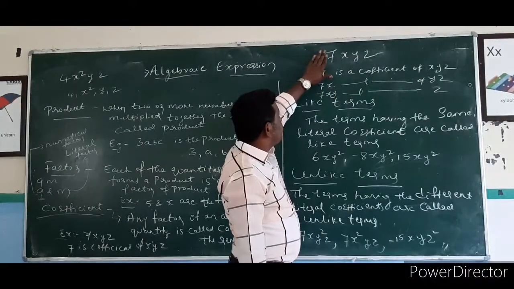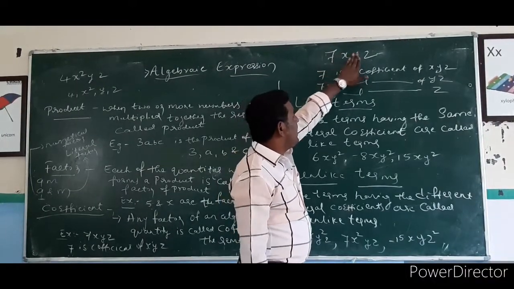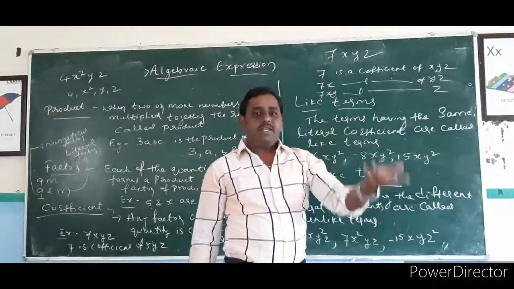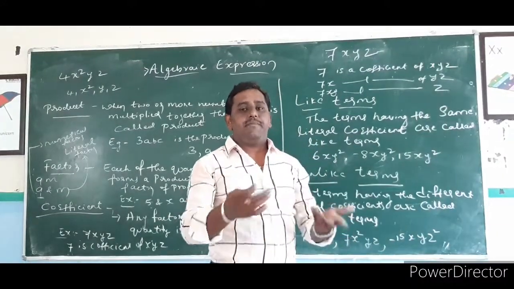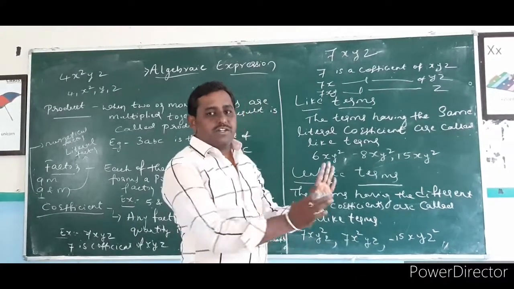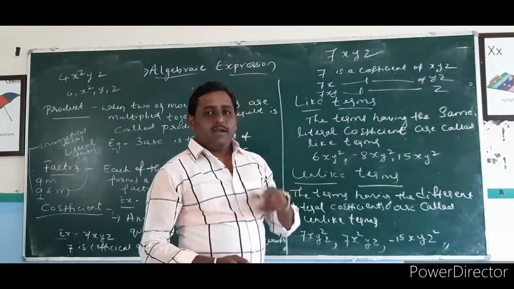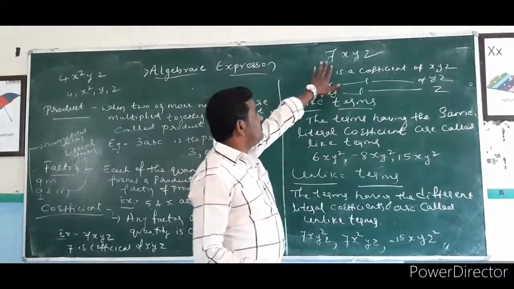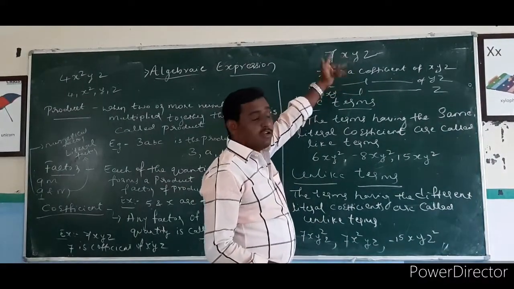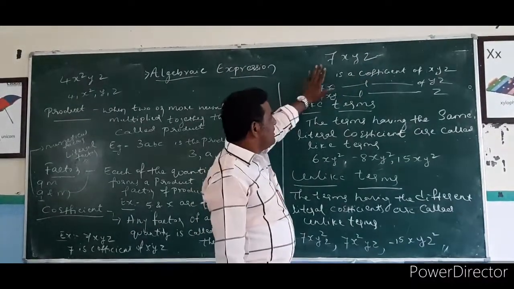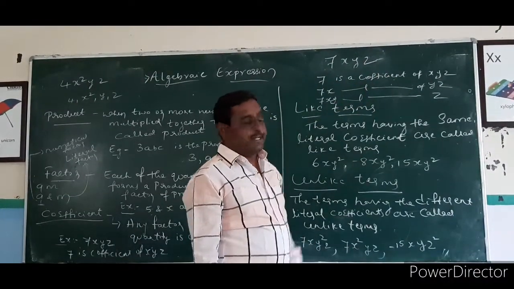If you take 7y, it is a coefficient of xz. Like this, whatever you take as coefficient, the remaining part is what it is the coefficient of. So in an algebraic expression you can consider either a literal coefficient or a numerical coefficient.